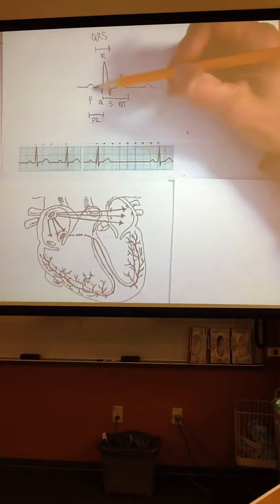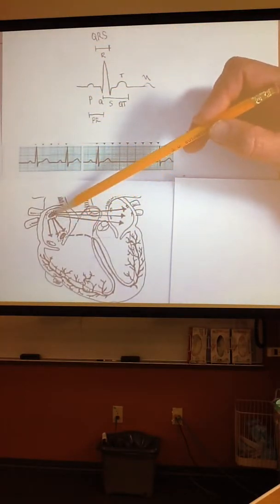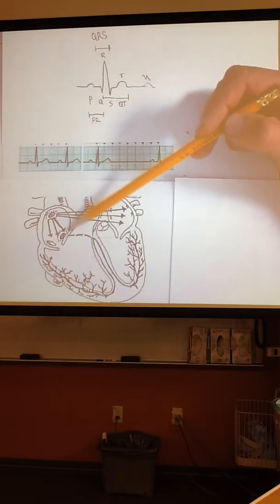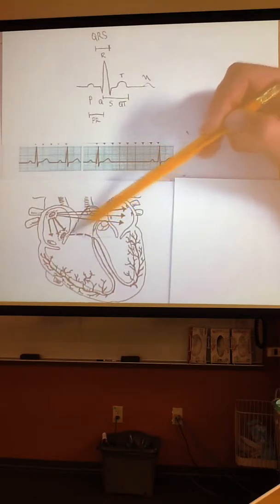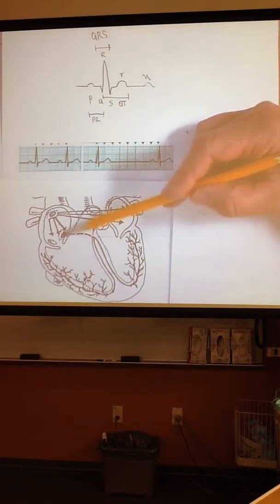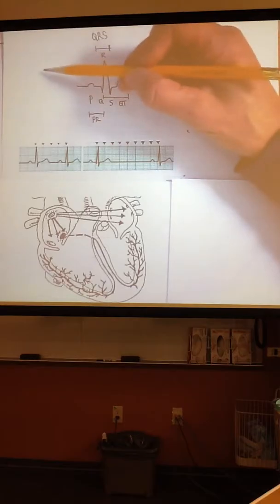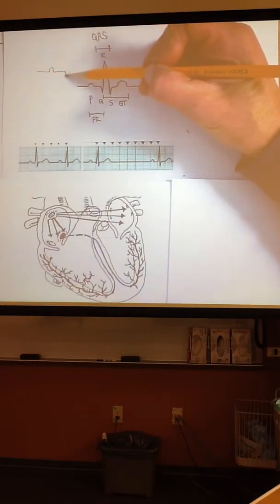So this PR interval is going to show us the time that this transmittal here is occurring. And if this delay at the AV node is lengthened, then you may see a much longer PR interval.